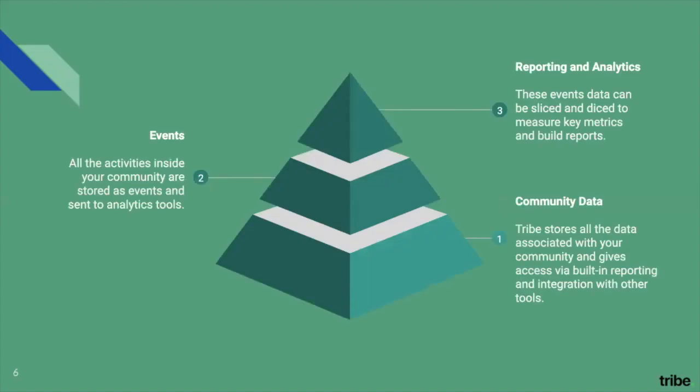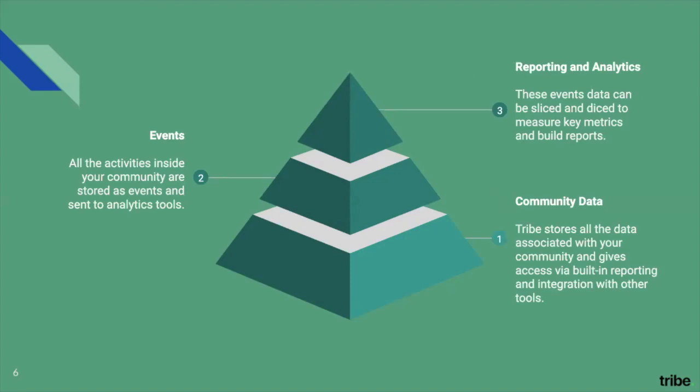So let's look at how the data actually flows in the community. So imagine you have a thriving community. Members are there, they're doing different activities. So all that data, whether it's a post, or a new member that is coming, is the underlying section, where we store all the data that is being generated by the members and the activities.